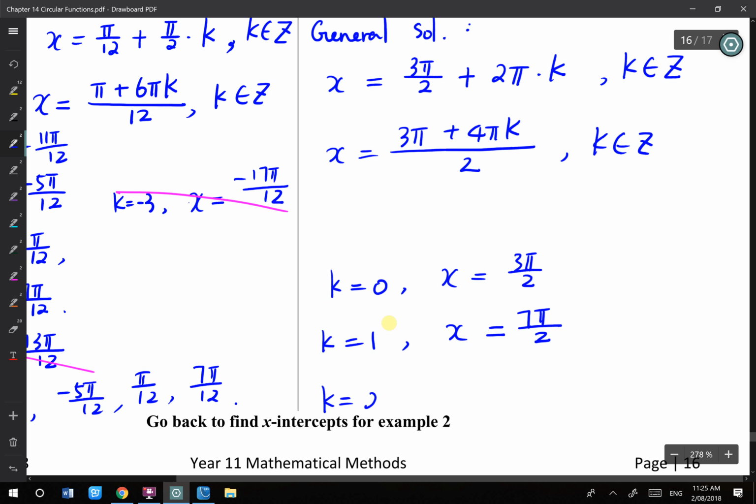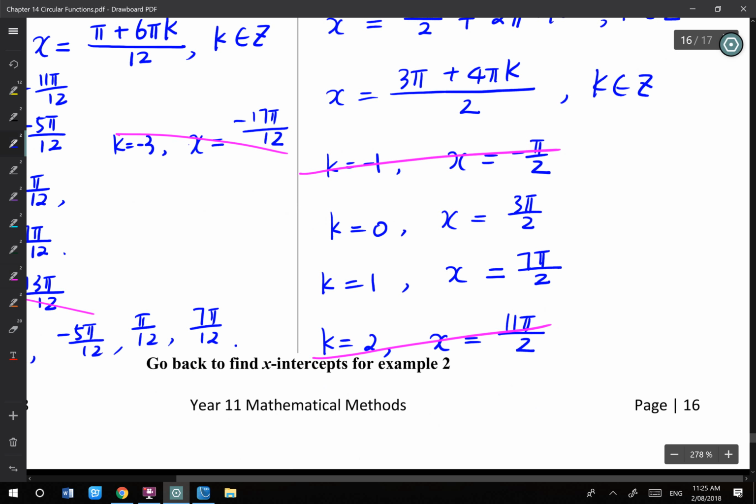But k equals to 2, x equals to 11 pi over 2. Is that still within the domain? No. Okay, not that one. Go for negative. K equals to -1, x equals to negative pi over 2. Well, can't have negative, that's not working. So x is 3 pi over 2 and 7 pi over 2.